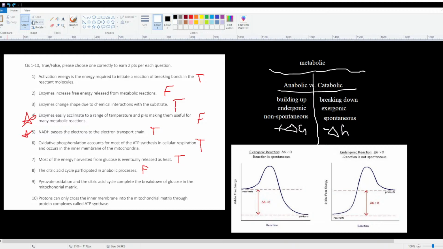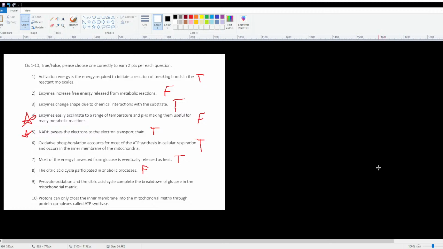Bringing it full circle, where does that leave us with number 8? The citric acid cycle participated in anabolic processes. Well, what are we doing in the citric acid cycle? We are taking the acetyl-CoA that we made in pyruvate oxidation, and we are oxidizing acetyl-CoA in multiple steps to make NADH, FADH2, and a little bit of ATP.